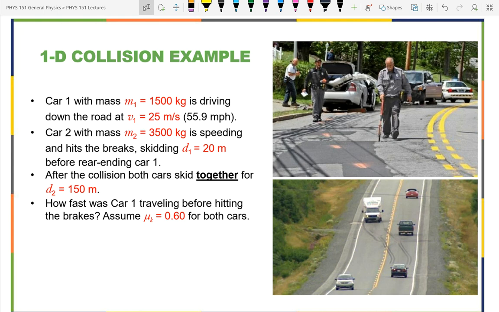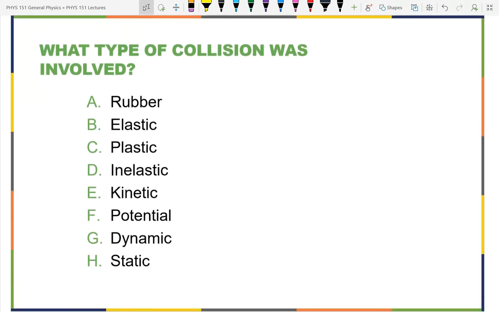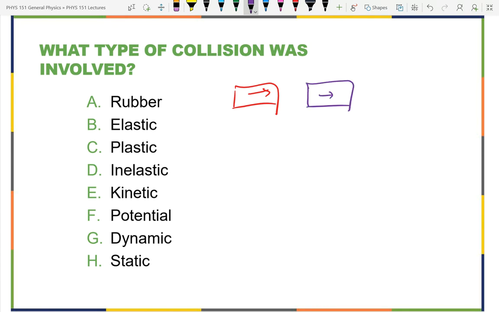So with this problem, we have 2 clicker questions. Question number 1, what type of collision was involved with the cars? So we had car 1, car 2, going not as fast, becomes car 1 and car 2 mashed together.